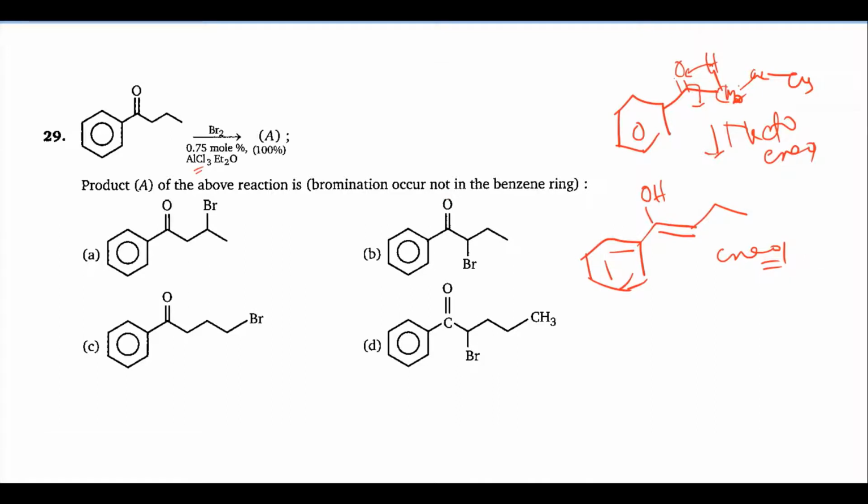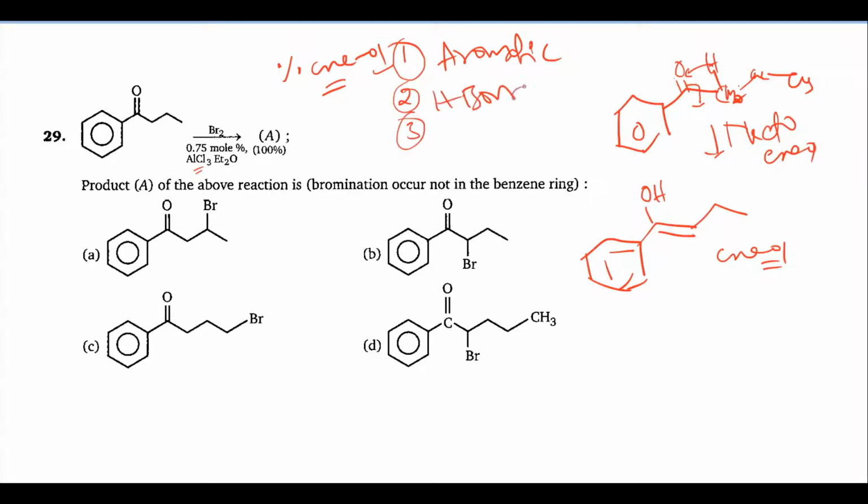Generally, the percentage of enol content is greater depending upon three factors: if the enol has aromatic character, if the enol has hydrogen bonding, and the third point, if continuous conjugation is there. If any one of these three factors is there, the enol content is greater.